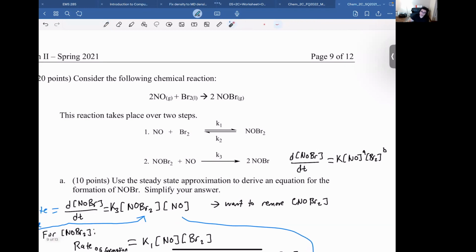In this problem, the only things that are used in the beginning are NOBR, NO and BR2. This NOBR2, right, 1 unit, is an intermediate that reacts with NO again. And so you don't have to include it. If there was something else that was not an intermediate, you would want to include that in the overall rate.